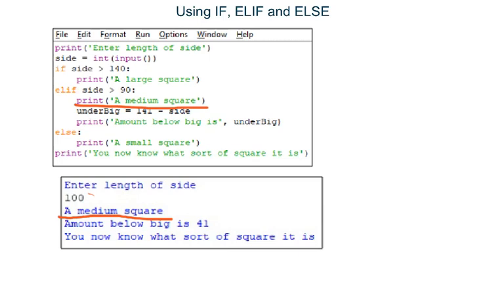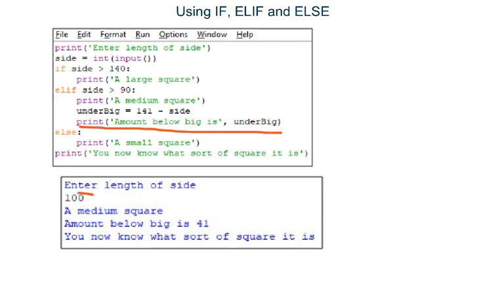First, it outputs a medium square. Then it calculates how much below the amount for a large square the value in variable side is, and stores this amount in the variable named underbig. Then it outputs what is in underbig.